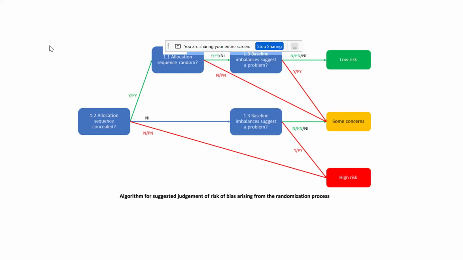So, for instance, if I am the person who is recruiting the participants, a team member of mine who is somewhere else is making the randomization sequence and putting the random sequence numbers in sealed envelopes.